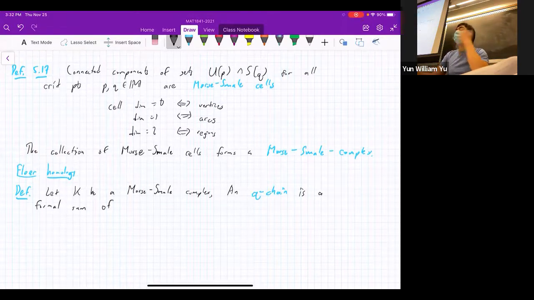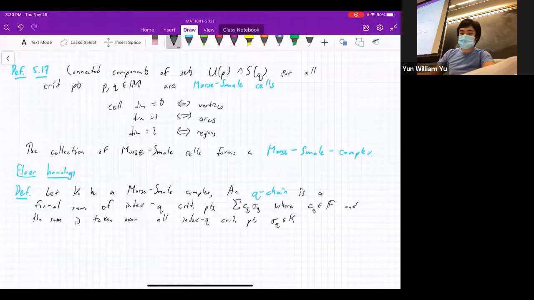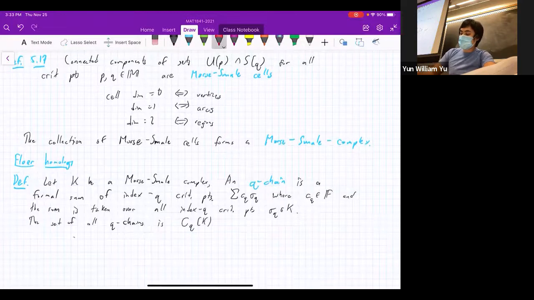Here we're taking a formal sum of the index Q critical points, the sum over c_Q sigma_Q, where c_Q is in F, and the sum is taken over all possible index Q critical points sigma_Q in K. And the set of all Q chains is of course a vector space, C_Q of K. Often for computation, we let the field that we're taking this over be the field of order 2.